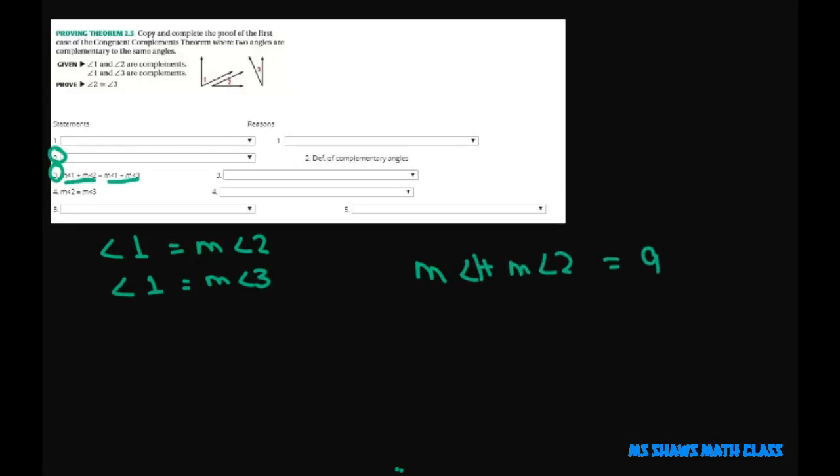And that's the transitive property, because when you take number 2, which we had measure of angle 1 plus the measure of angle 2 equals 90 degrees, and the measure of angle 1 plus the measure of angle 3 is 90, then we know that's going to be the transitive property for this one. So transitive is number 3.